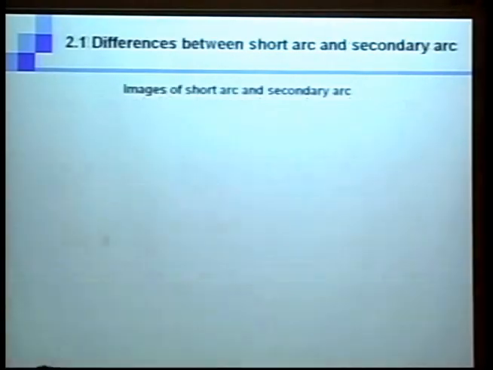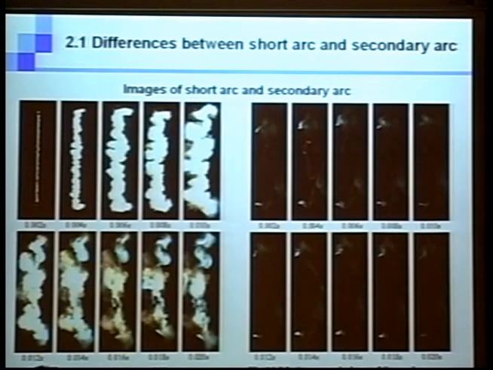Here are some images of the short circuit, which you may call the primary arc or short circuit arc, and the secondary arc. The left one is the short arc discharge, and on the right is the secondary arc discharge.